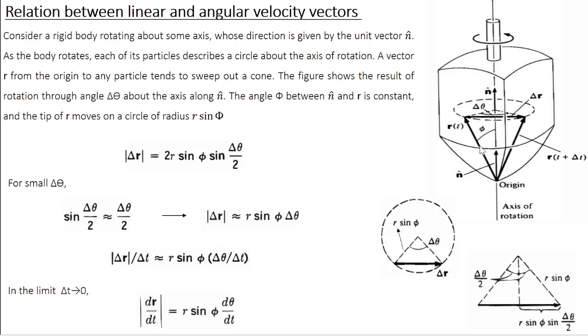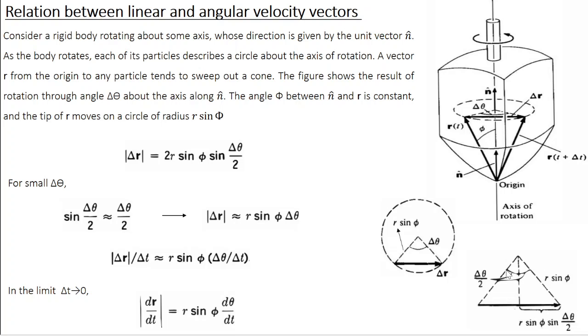Let r of t be the position vector at time t, and after a time delta t, the position vector changes to r of t plus delta t. The separation between these two positions is delta r. Now what's the value of delta r? Let's take this triangle and draw it here.